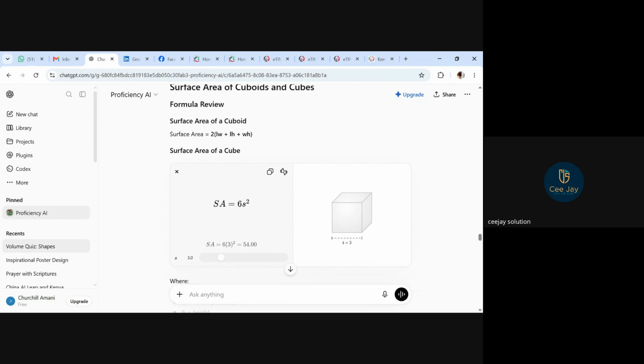Remember, sideways, this one and this one are the same. So here we said this is 6. Height we had not said. Let's say height is 5. So 6 times 5, that is 30. 30 times 2, 60.